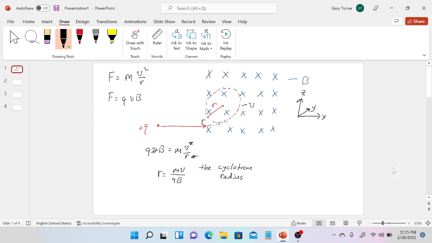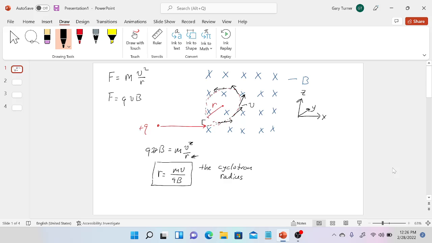At every point inside the circle, the instantaneous velocity is still perpendicular to the magnetic field. Even though the direction of the velocity changes, it changes in a plane that is perpendicular to the magnetic field, so that doesn't change. Now, why is the cyclotron radius important?